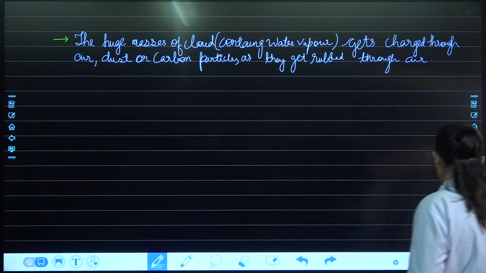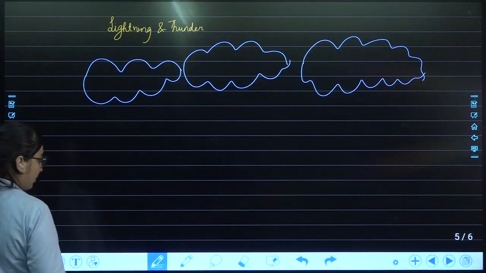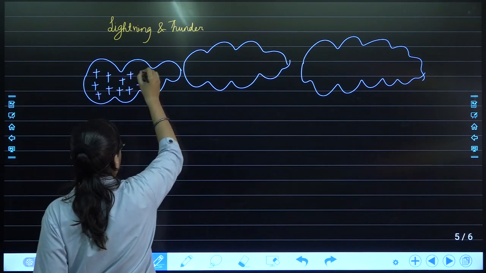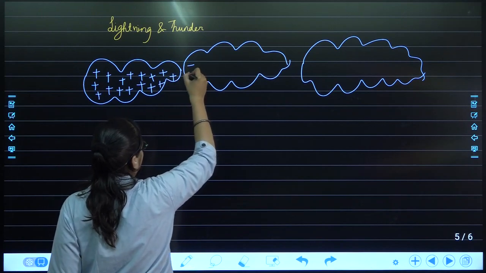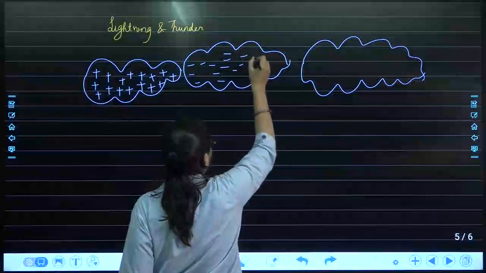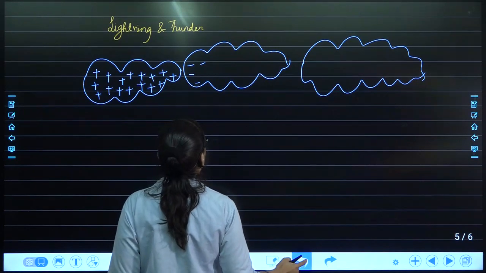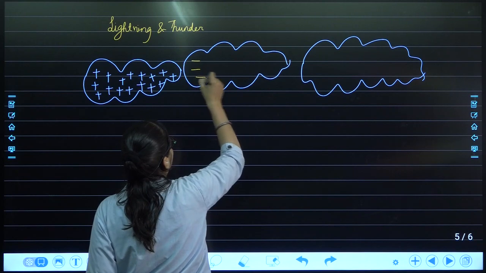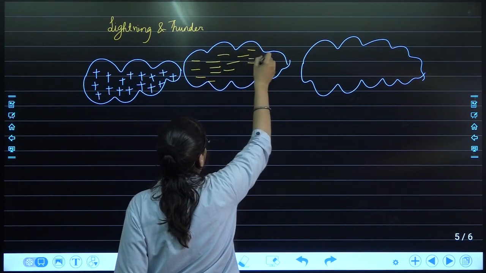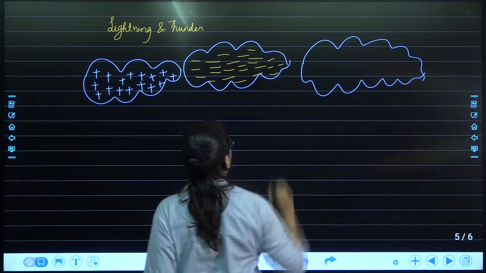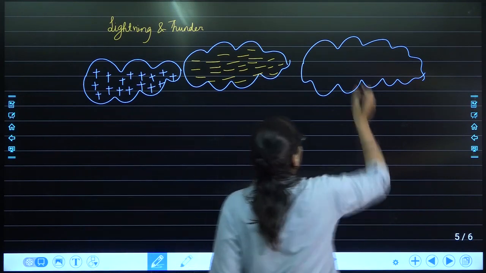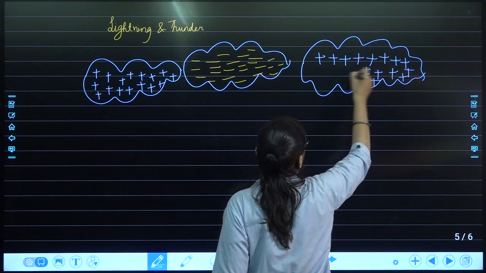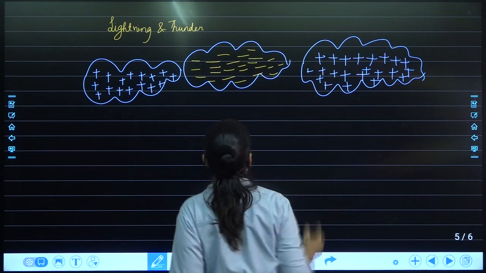Now what happens? Now these particles got charged. Depending on the rubbing, they get charged.